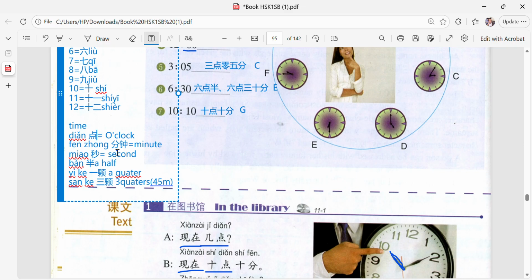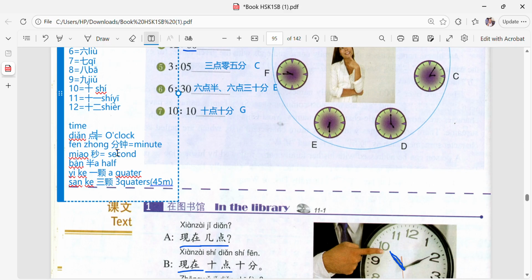And then we have bàn. Sometimes we say like a half past 6, a half past 7, a half past 12. That a half in Chinese is actually bàn.